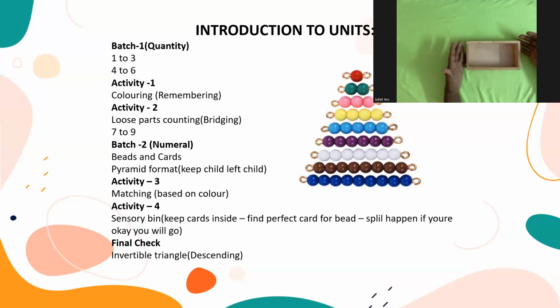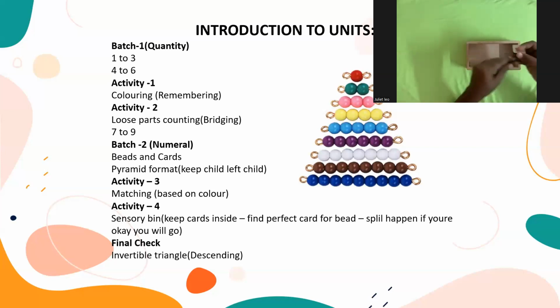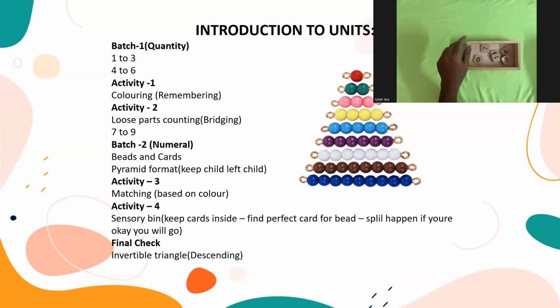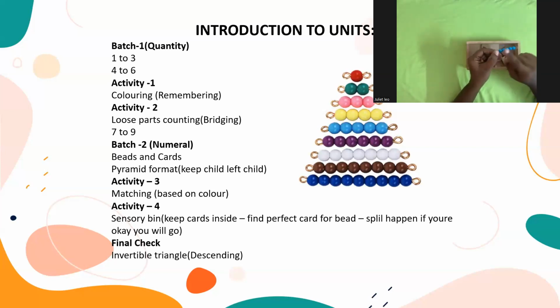You may use some kolam powder or rava to fill this tray, and we may hide the number cards inside that sensory bin, and keep the beads in our hand. Ask our child to count and take the number cards from that sensory bin.